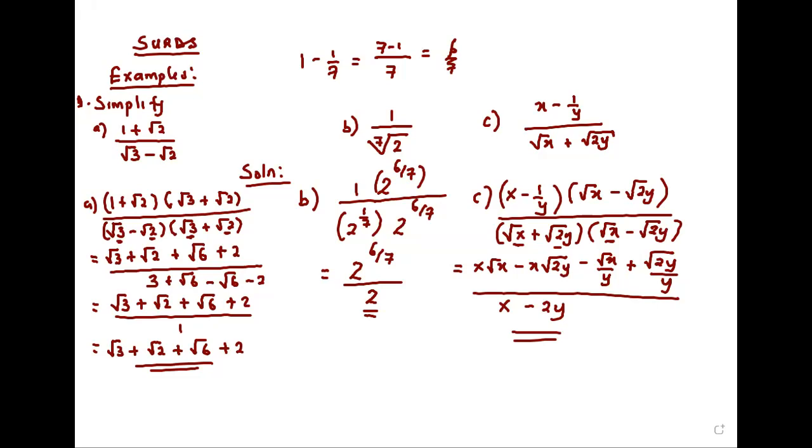Okay. Then you may also be asked questions like, I saw a nice question yesterday. 1 over 1 plus root 2, 1 minus root 3. For example, they ask you this question. Well, you can rationalize this question in so many ways.